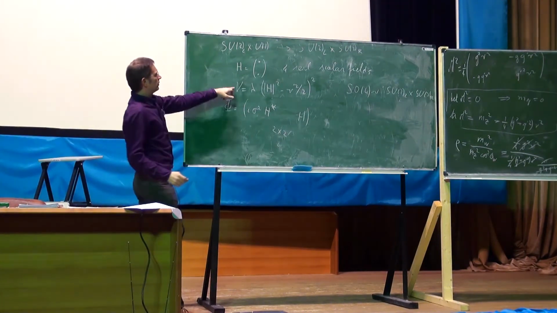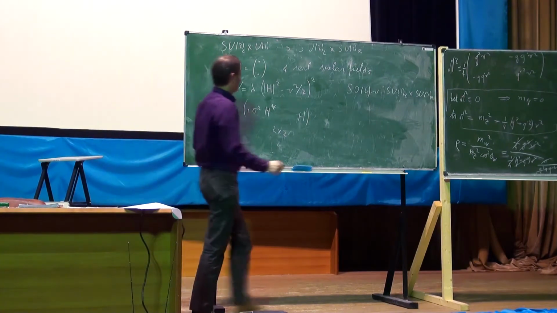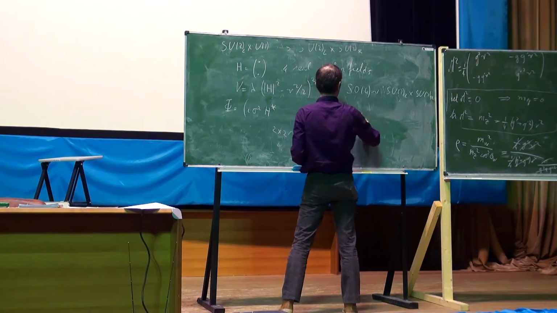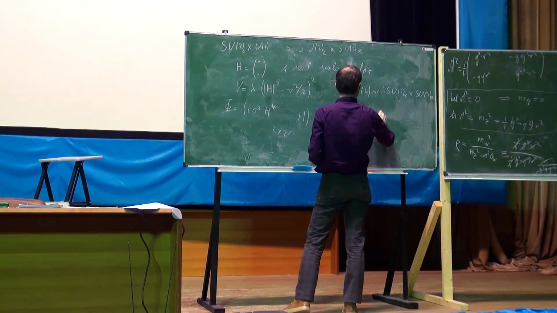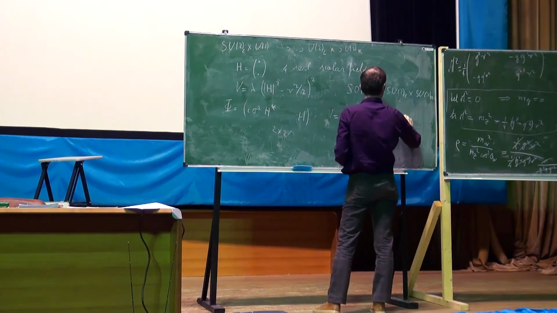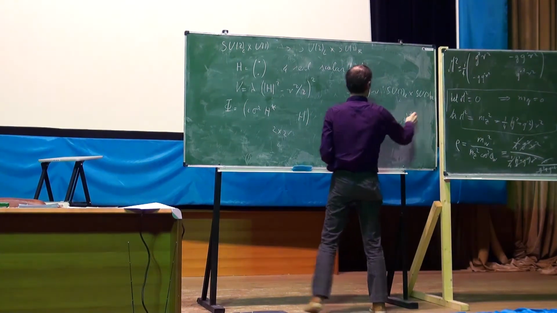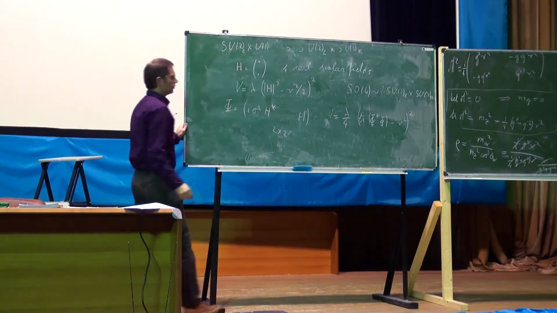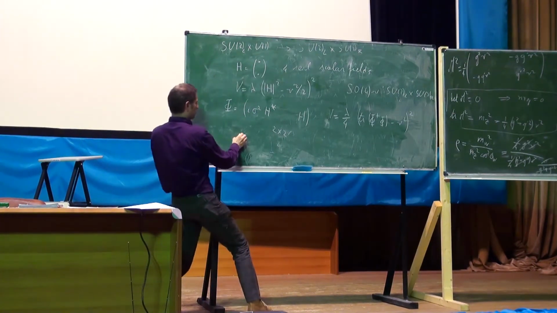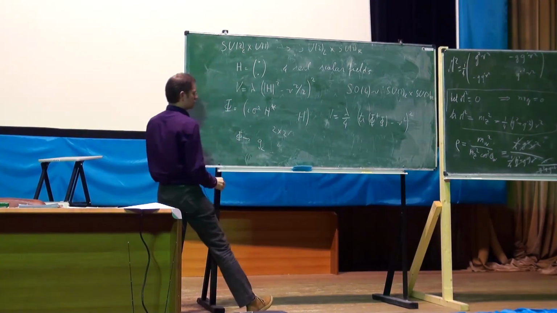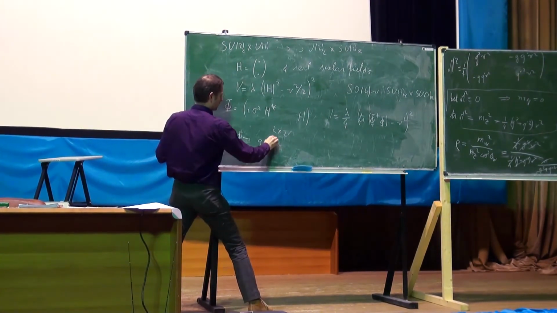And the claim is that you can rewrite this potential simply as lambda over 4, the trace of phi dagger phi minus v squared. Certainly you can transform phi by applying the SU2 transformation, g left times phi.